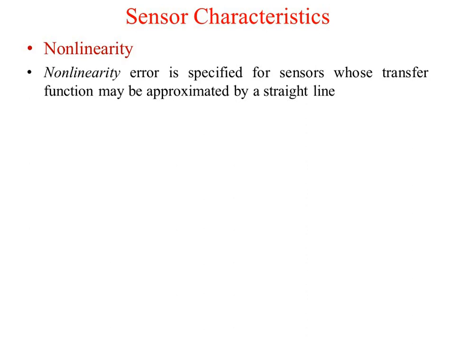It will give you a non-linear transfer function, and that non-linear transfer function will be described by the non-linear error. It will be specified for a sensor whose transfer function may be approximated by a straight line. It is not exactly a line, but it is approximated by a straight line.